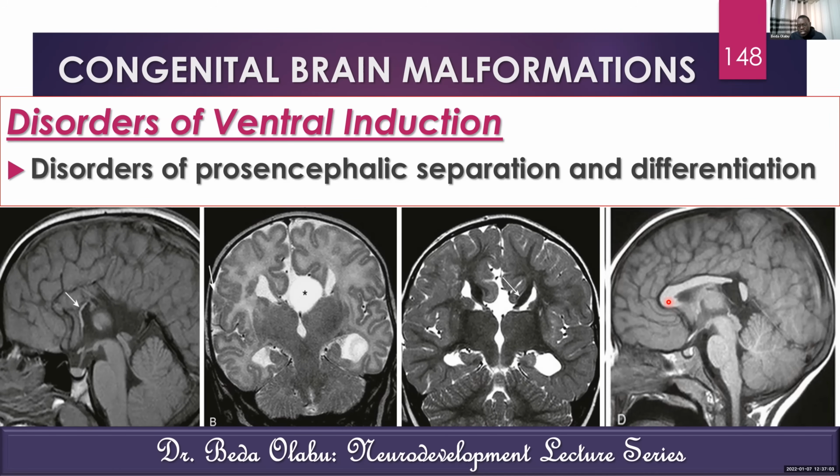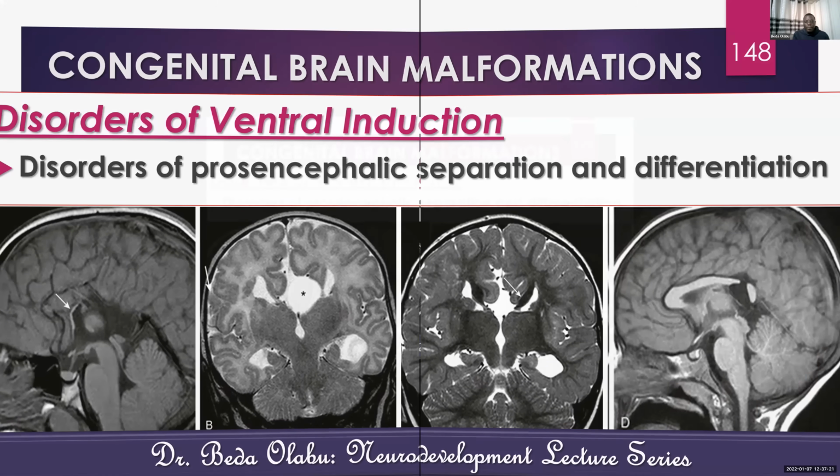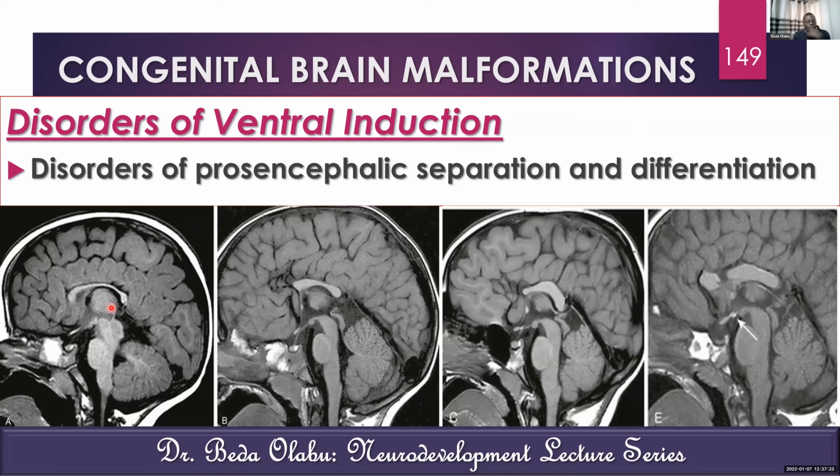So this is the genu of the corpus callosum. That's the body of the corpus callosum, and this is the splenium of the corpus callosum. We see a defect there. So this will go for focal segmental defect of the corpus callosum. How about this one? Largely present in most of its parts, but the size looks really small.